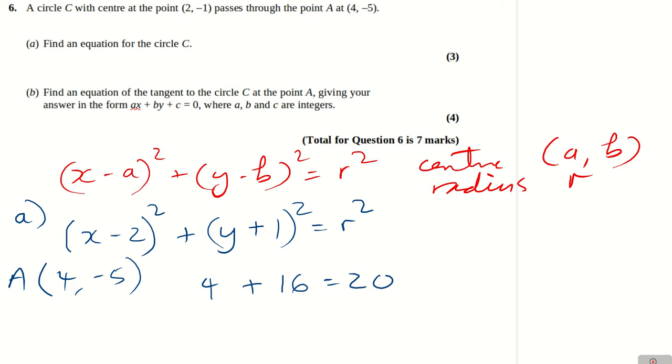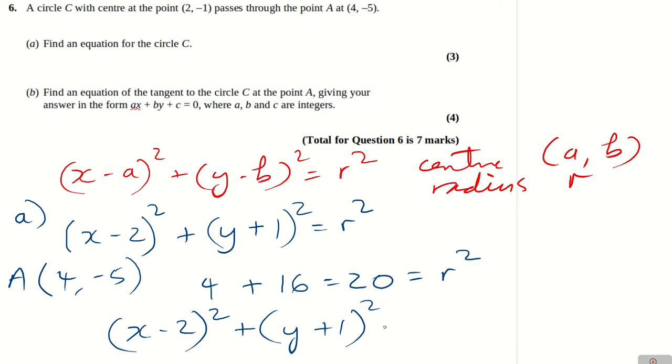And that's equal to 20, and that's got to be r squared. And really we've done it now, so we can write down the equation as (x minus 2) squared plus (y plus 1) squared equals r squared, or in other words 20. And there we have it, the equation of our circle.